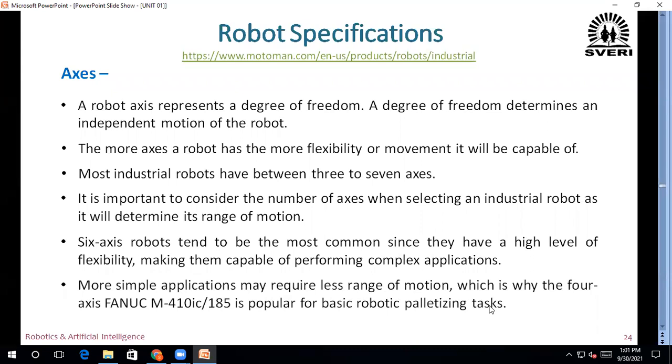More simple applications may require less range of motion, which is why the 4-axis Fanuc M410 IC185 is popular for basic robotic palletizing tasks. When you see the actual figures, then you will understand; we'll see this website afterwards.